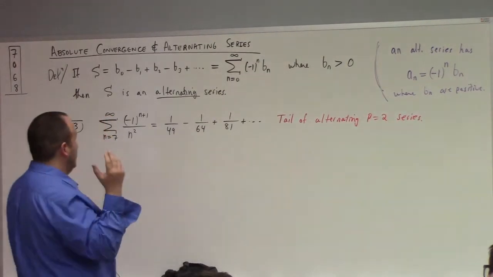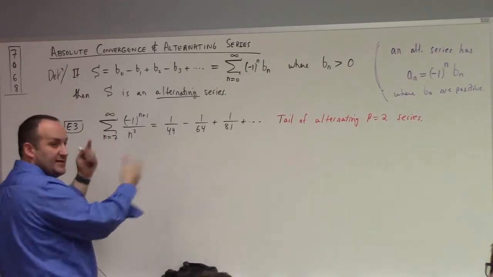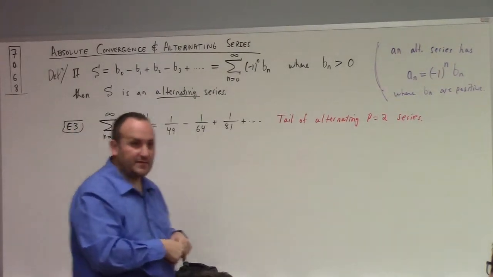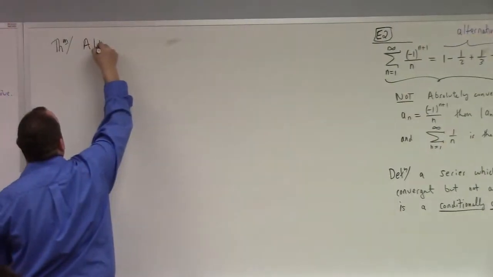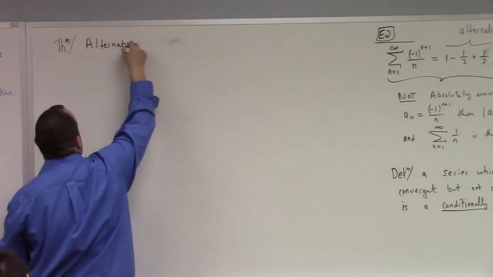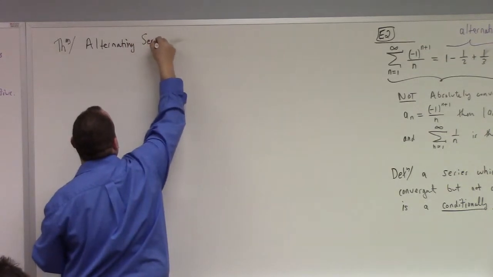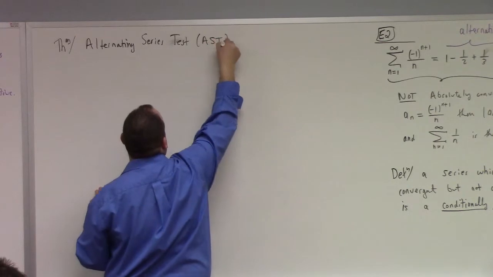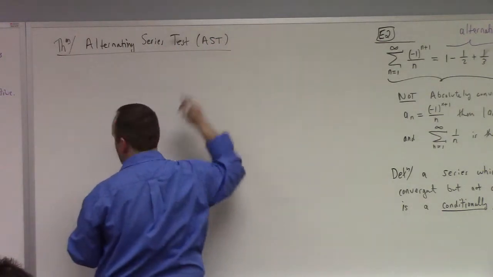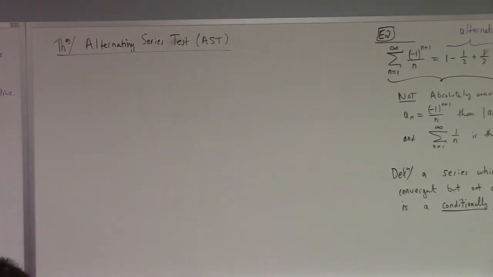In contrast, we might just be given an alternating series, and in that case, we can apply the alternating series test, or AST. And it's wonderfully simple.